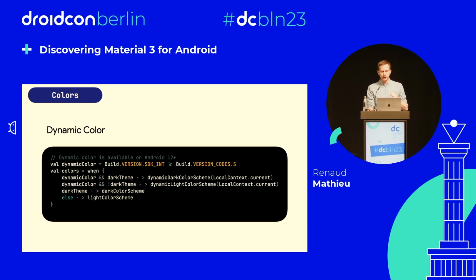That's why we are actually passing a local context, the context inside the dynamic dark color scheme. By the way, on the Material GitHub repo, there is all the algorithm, and there is the Java version. And if you want, you can have a look at this. It's the way they are generating the colors. If you want to have some side project, it can be useful.